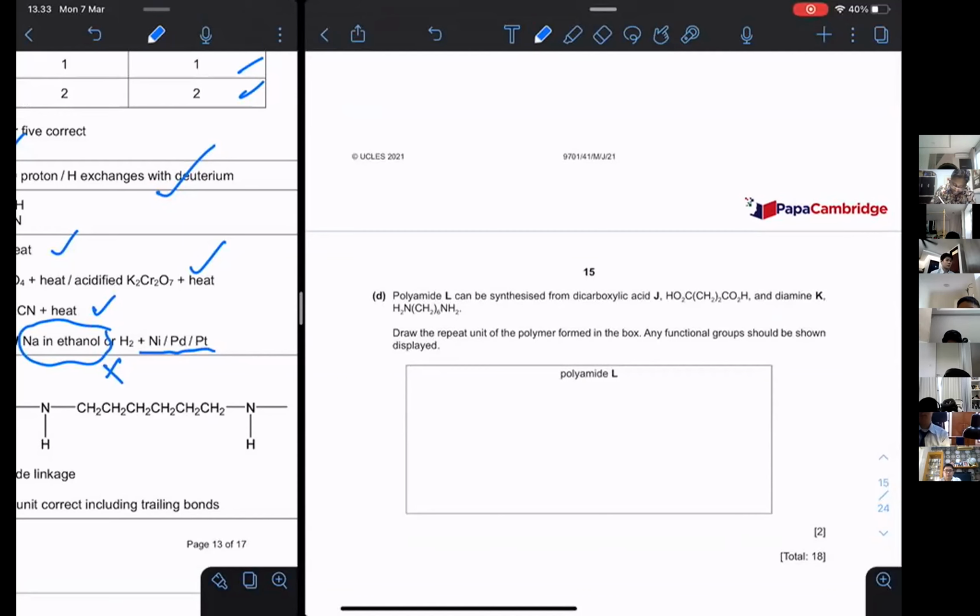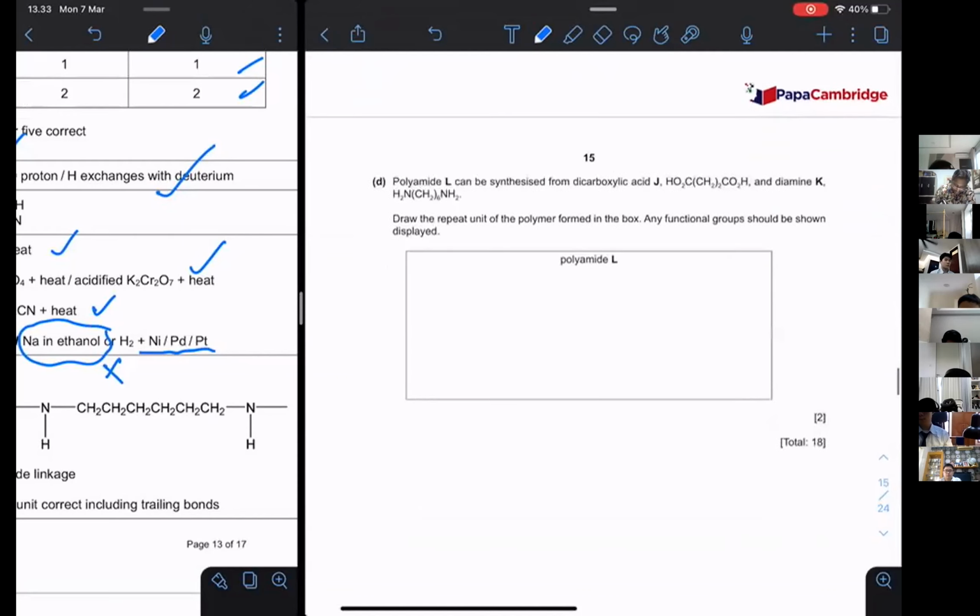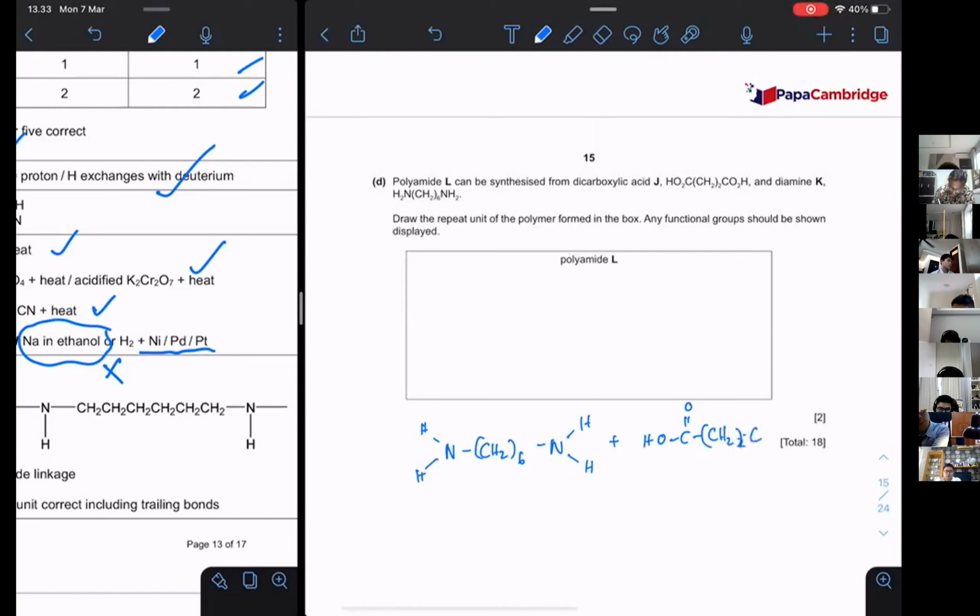So here, maybe I'll just put nitrogen, hydrogen, hydrogen, CH2, I put 6, and H2. You react with C double bond O OH, then CH2 to C double bond O OH.